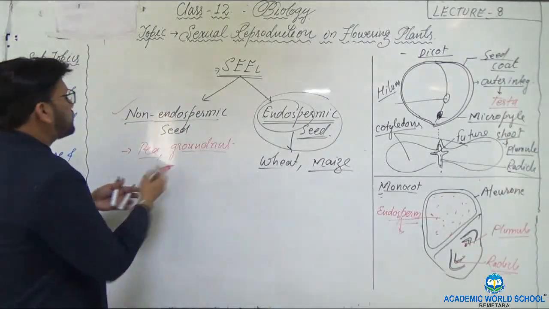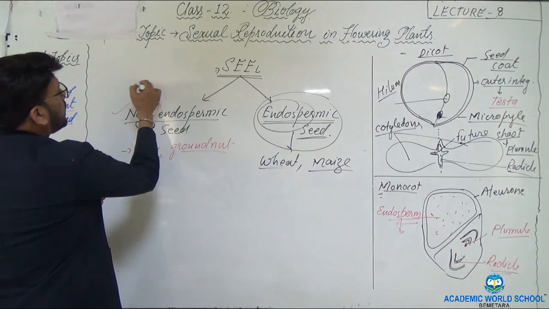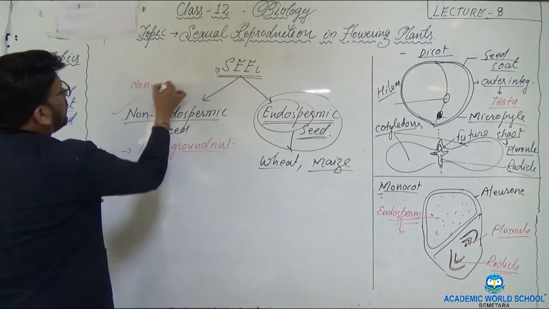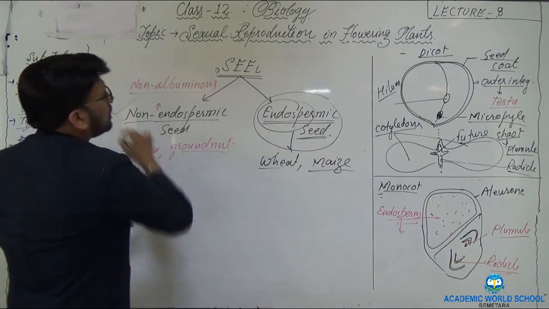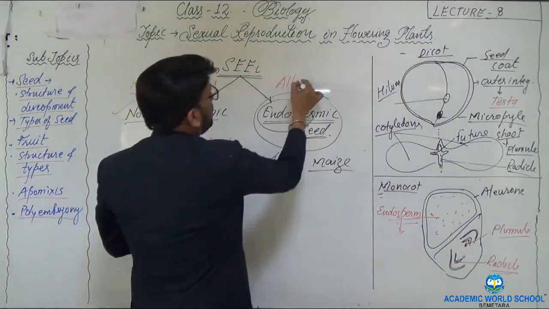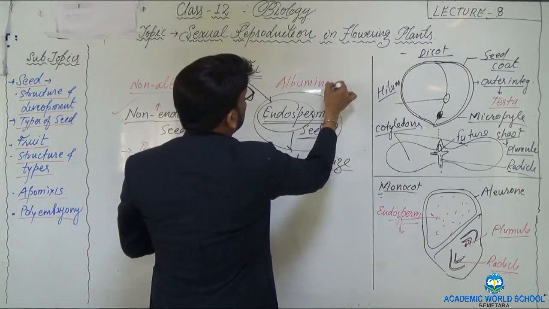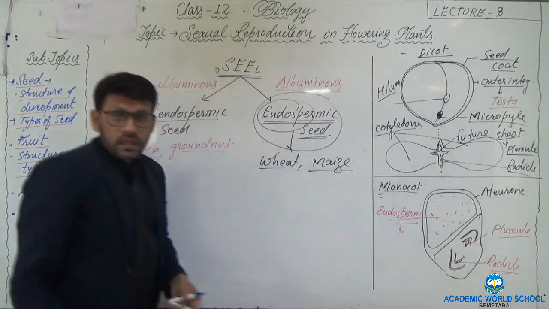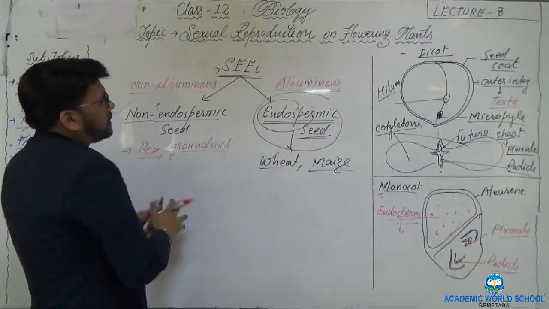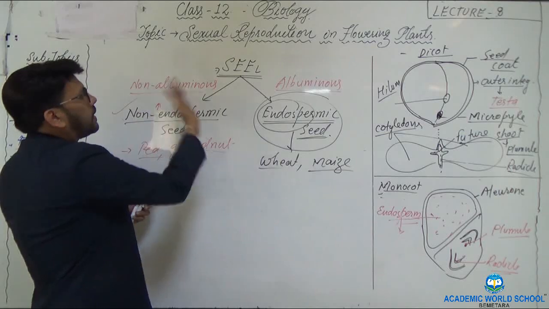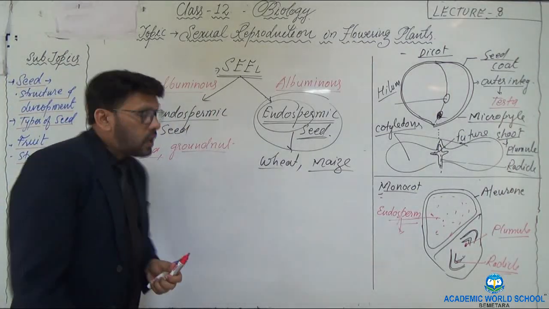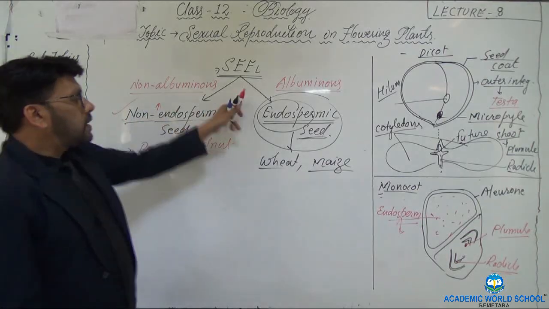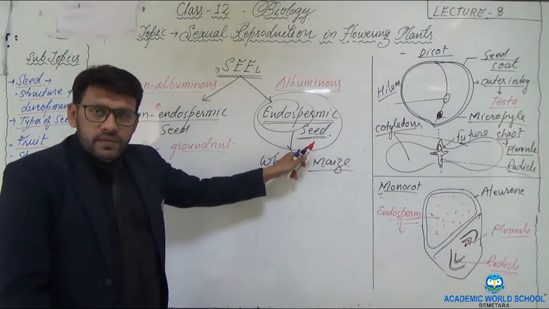Now these endospermic seeds are also called albuminous, and the non-endospermic ones are called non-albuminous. In exams, the difference between the non-albuminous and the albuminous seed, or the non-endospermic and the endospermic seeds, is asked.